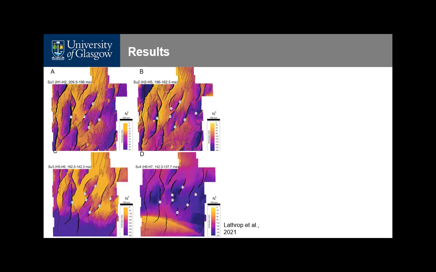In this one, it's a bit hard to see, but I know you can still see it a little bit. If you look, this is this big fault right there. You have one segment that comes like this and kind of comes out. And then this one has a breached relay ramp in between the two.